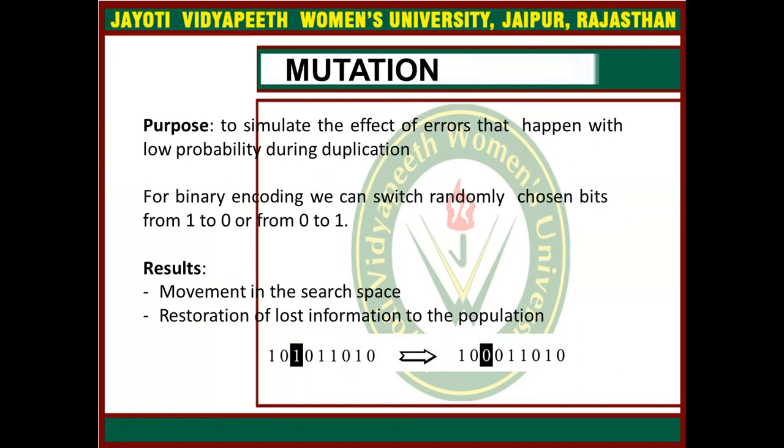Now come to the mutation. In mutation, the purpose is to simulate the effect of errors that happen with low probability during duplication. For binary encoding, we can switch randomly chosen bits from 1 to 0 or from 0 to 1. The results are movement in the search space and restoration of lost information to the population.